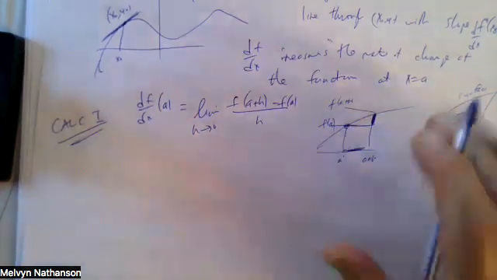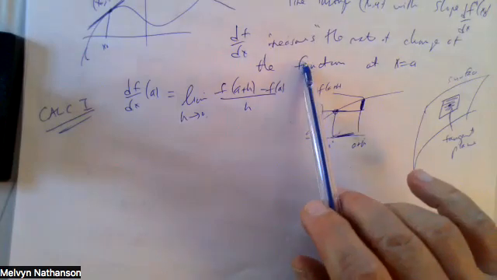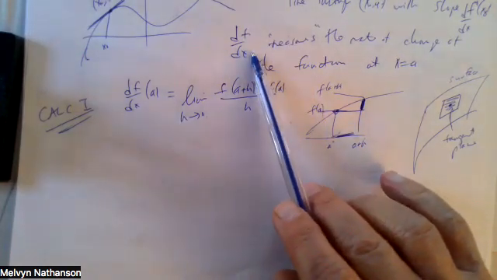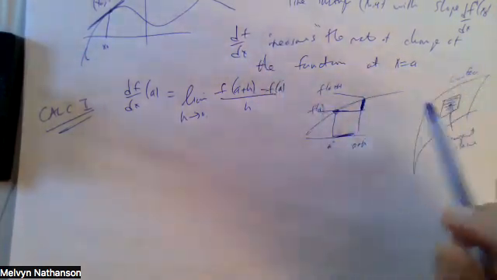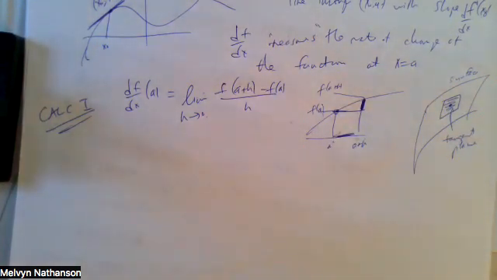So we want to be able to extend the notion of derivative and tangent line for a function of one variable to derivatives and tangent planes for functions of 2 or 3 variables.